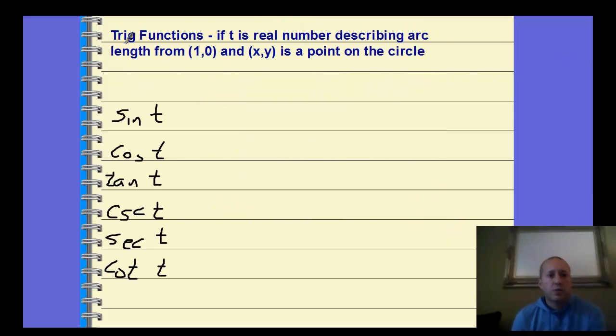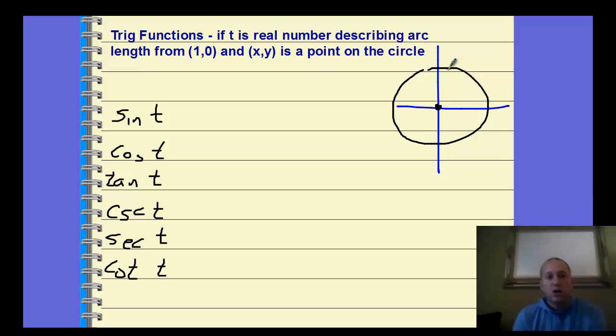And so, for the trig functions example: if t is a real number describing an arc length from (1, 0), and (x, y) is a point on the unit circle. So we're going to apply it to the unit circle, pretty much all the same. We have our point (x, y), and we have our circle, where we know that our radius creates the value 1, from (1, 0), so that's the point 1, and so our radius is 1.